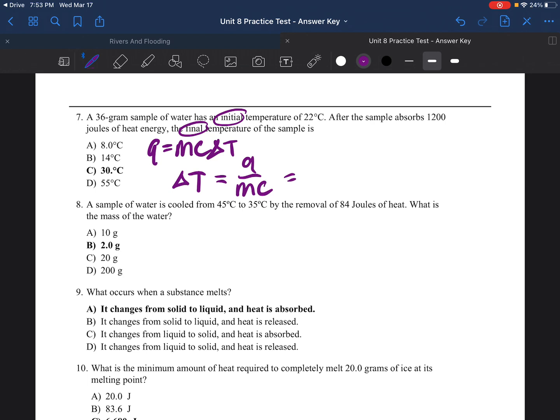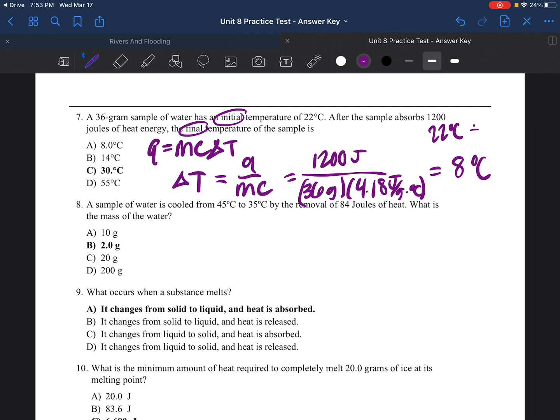Our energy term is 1200 joules divided by our mass of 36 grams times 4.18 joules per gram degrees Celsius. If you calculate that out, you will get 8 degrees. So if our initial temp is 22, you add the change in temperature since it's absorbing. That gives you 30 degrees Celsius.